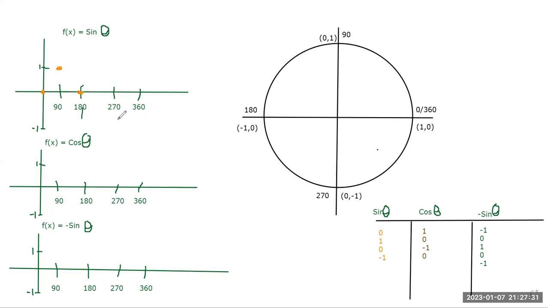Then 270 will be at -1. And then at 360, back at 0. So let me draw this out really quick and get into cosine, or the derivative of, wait, not cosine, the derivative of sine.